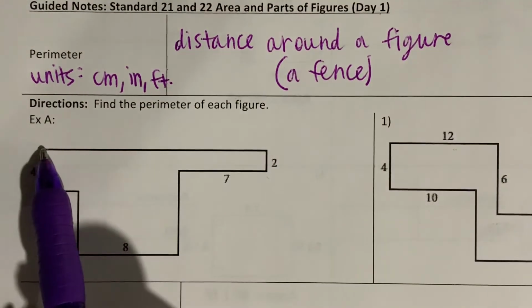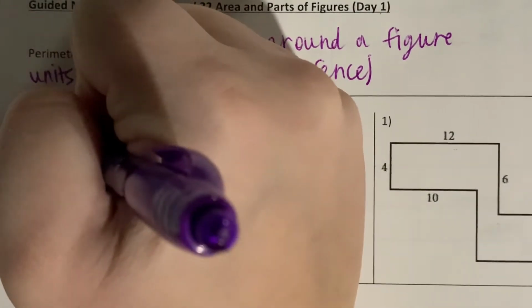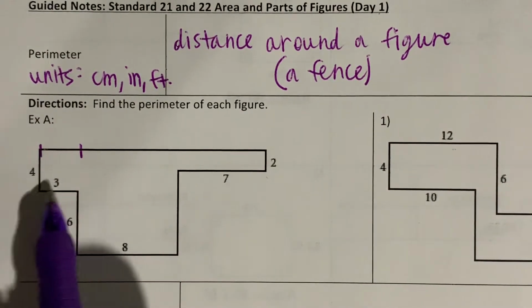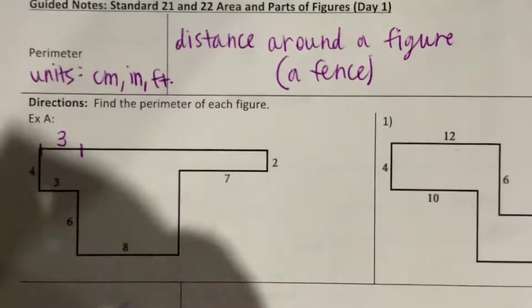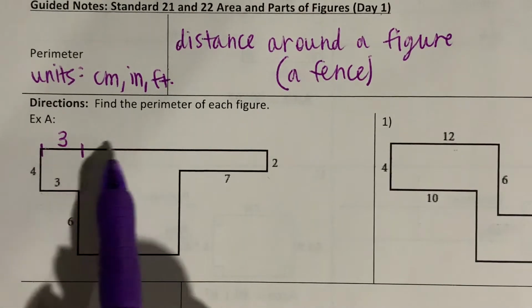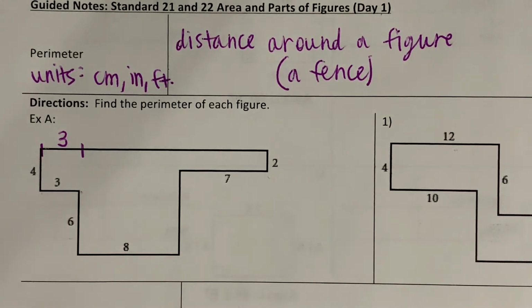If I look along the top of my figure, I may notice that from here to here along the top matches with right here. And here my distance was 3 units, so that means on the top it will also be 3 units. So in order to figure out the distance along the top, I'm using the distances along the bottom here to help me.